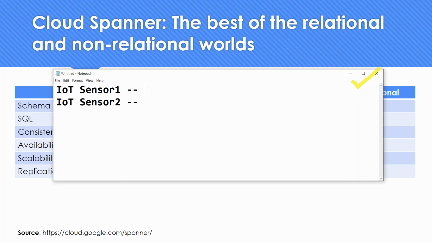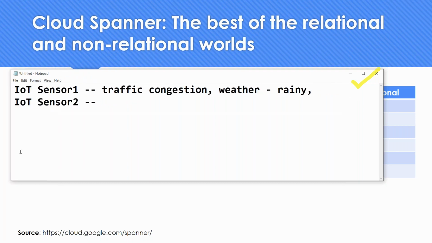These are mounted on the highways. Now sensor one can send some telemetry information, like traffic congestion. It can send weather details, like if it's raining, how many centimeters of rain it has captured.